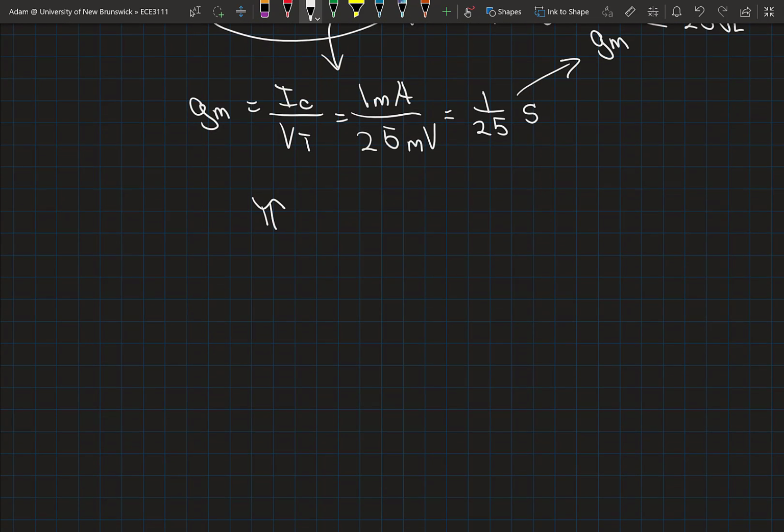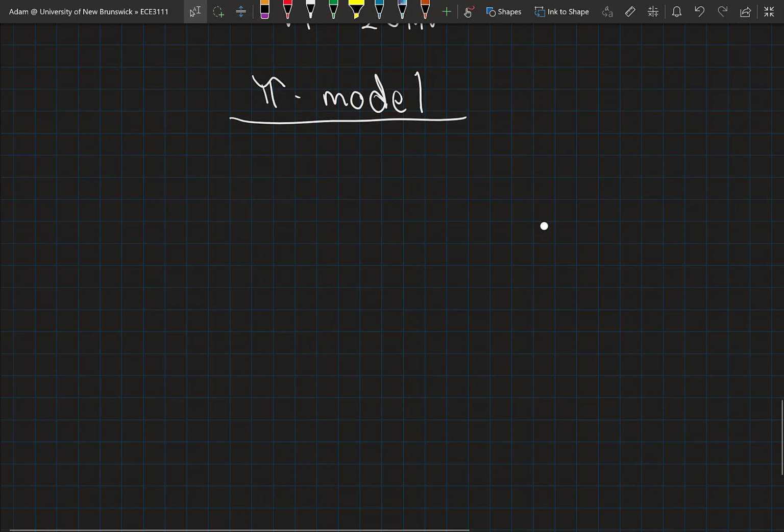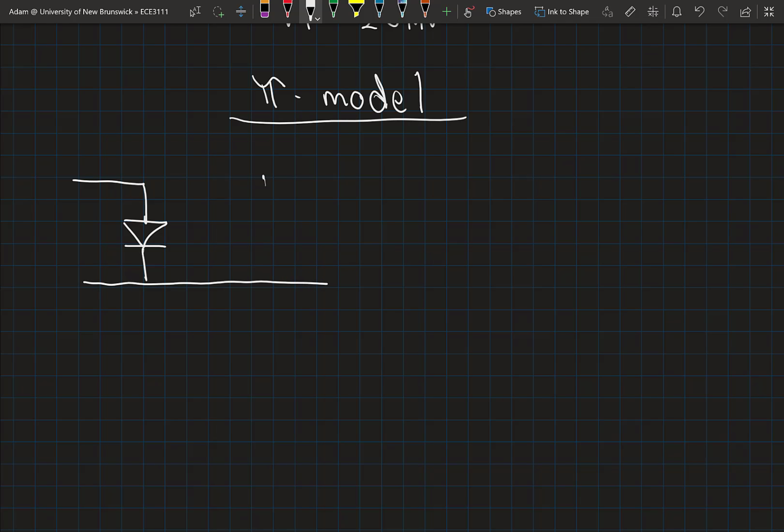We looked at the pi model for large signals in a previous lecture, and you might recall that the pi model looked like this. Here is our base, our emitter is common to both the input and the output, and here's the collector.